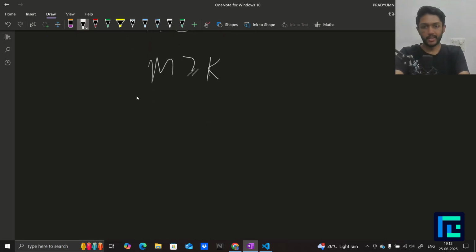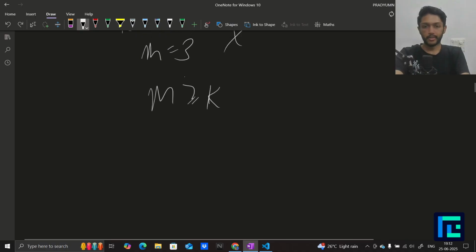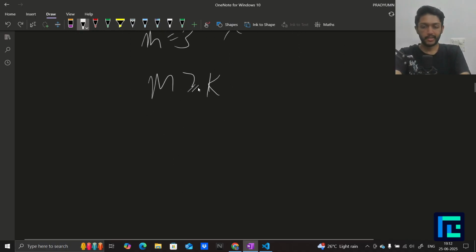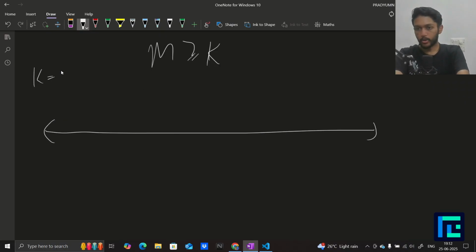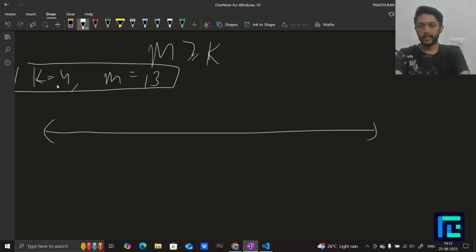So if m is greater than or equal to K, we want the highest multiple of K which is less than or equal to m. We can understand that by example. Let's say capital K is equal to 4 and small m is equal to 13. What's the answer? It is 12. I have 4 here, 8 here, 12 here, and 13 here, so 12 is the highest multiple of 4 less than or equal to 13.